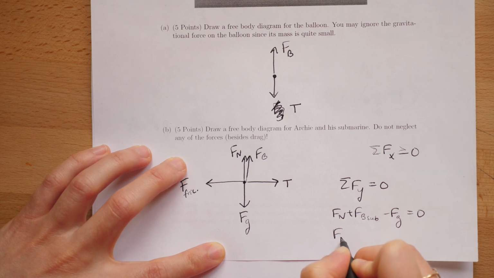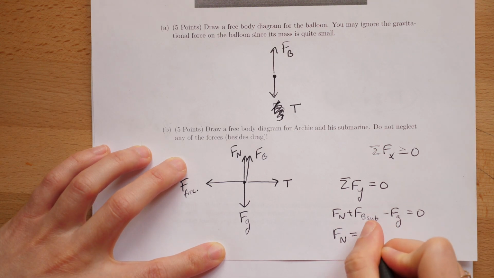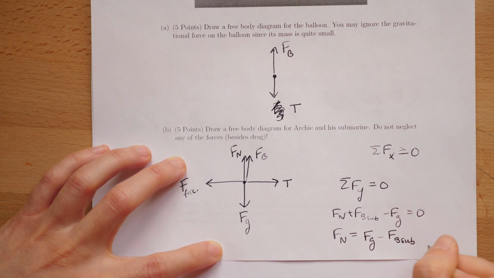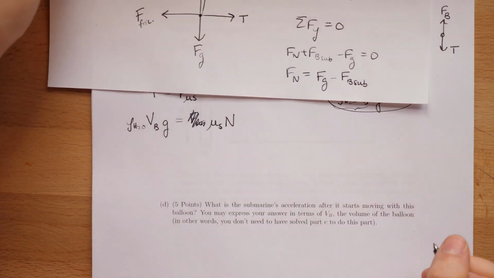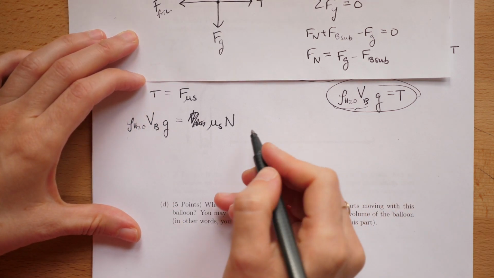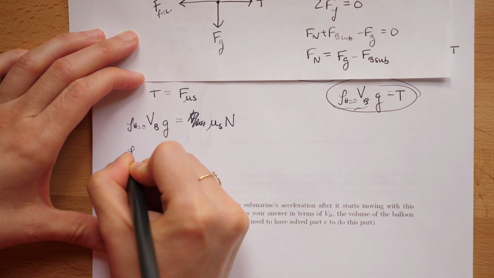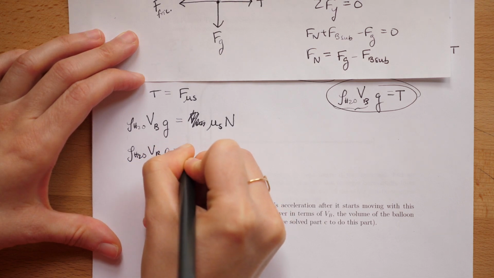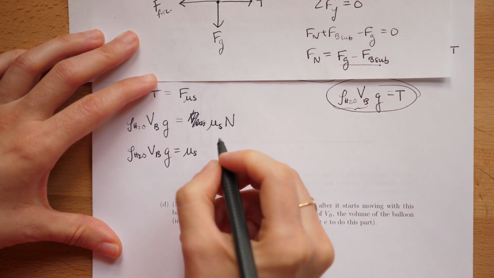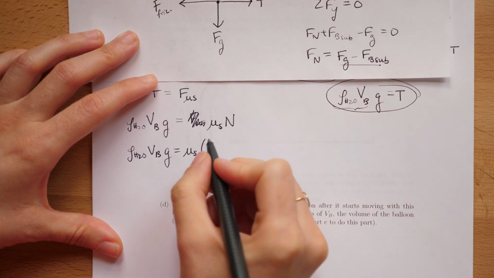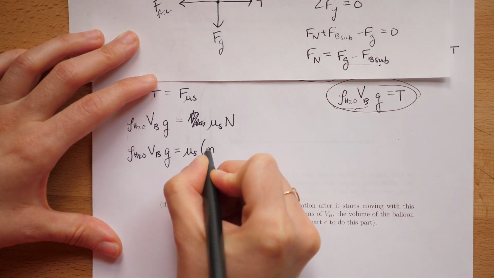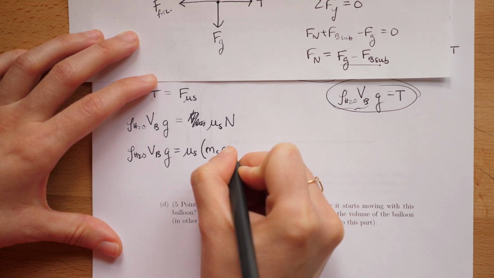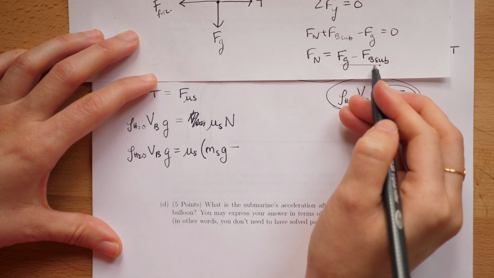So the normal force is Fg minus the buoyant force of the submarine. So let's substitute that in here for the normal force. So rho water, volume balloon times G is mu S times this. So Fg, that's the mass of the submarine times G, minus the buoyant force of the submarine.